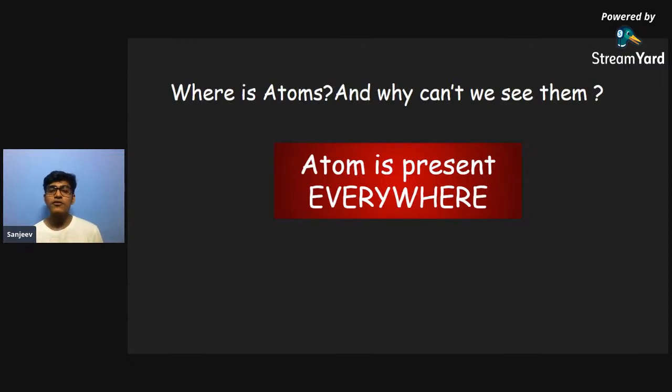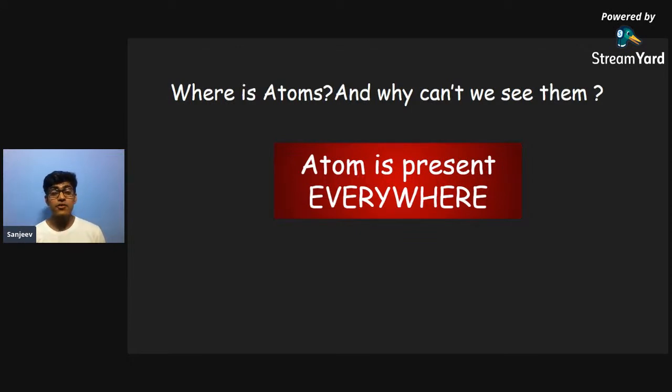We are made up of cells inside which there are genomes, DNAs, and all these DNA strands are made up of atoms. It has adenine, then many other chemicals which are made up of atoms. These are elements. So atoms are present everywhere.